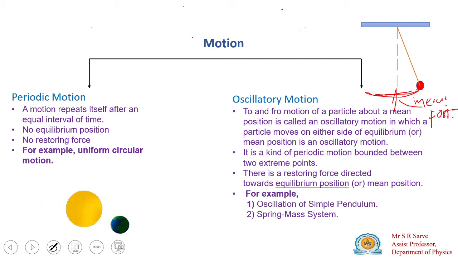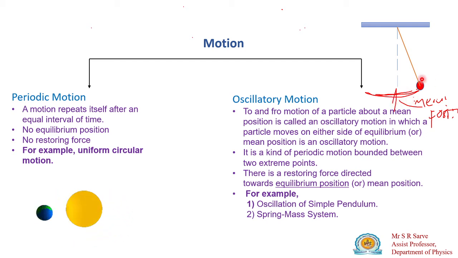If the particle is performing a to and fro motion about one particular position, that is the mean position, then it is known as oscillatory motion. In oscillatory motion there are two extreme positions, this is your right extreme position, this one is your left extreme position.